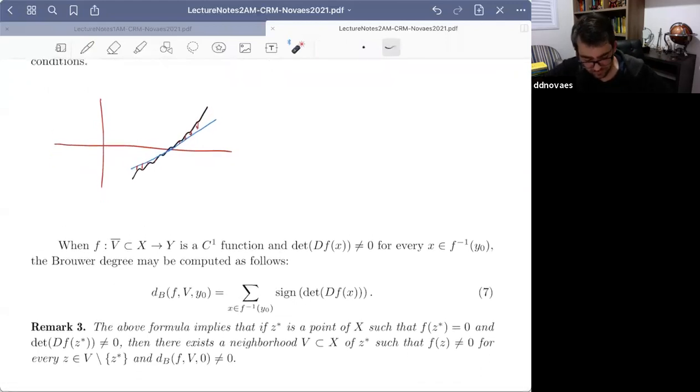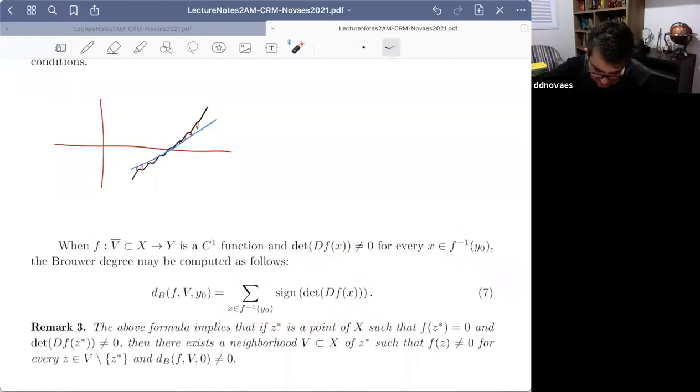So in the smooth case, if f is a C1 function such that the determinant of the differential of f is distinct from 0 for every x in the inverse image of y0 by f, then the Brouwer degree can be computed by this formula.